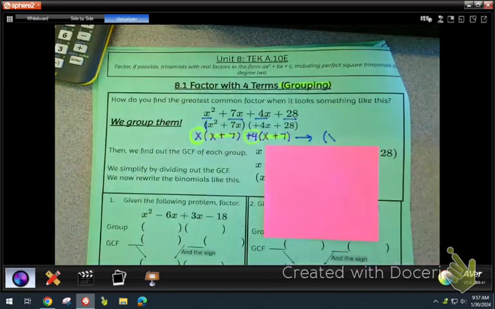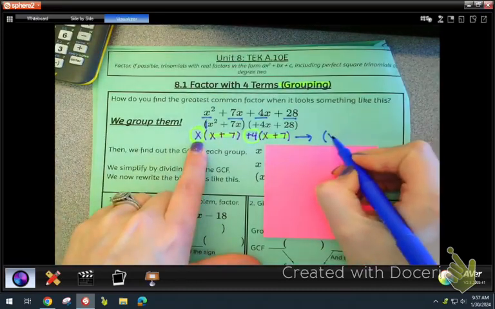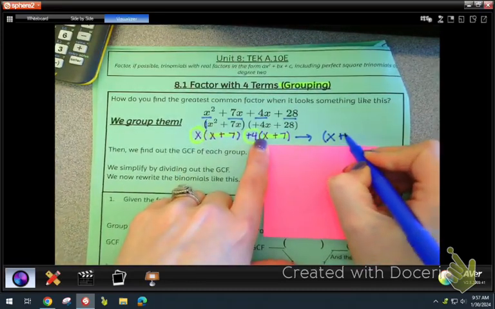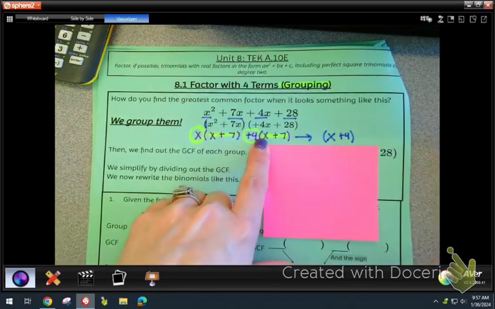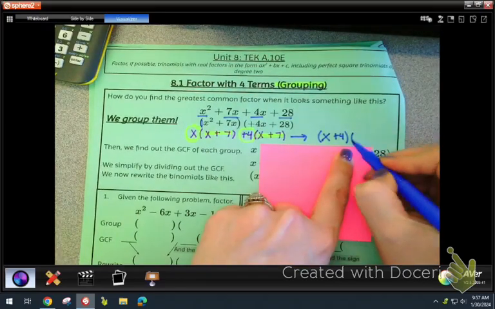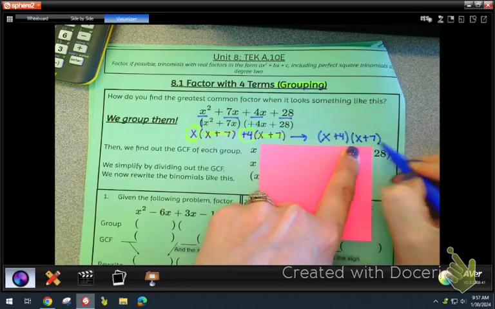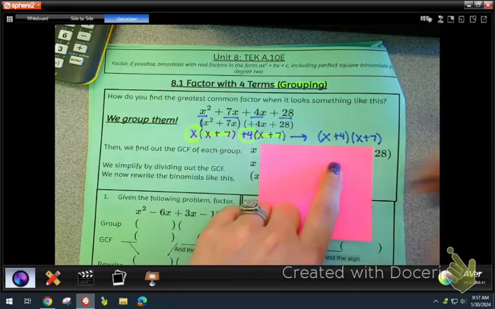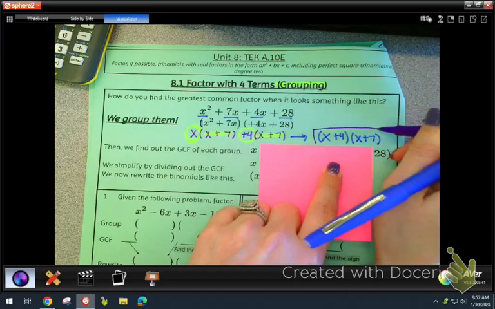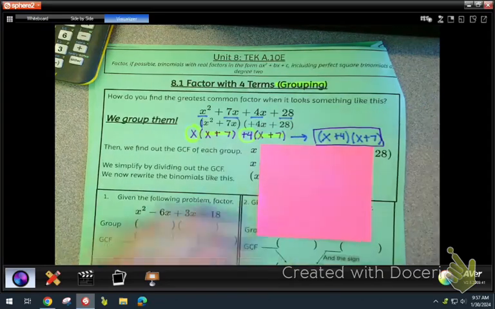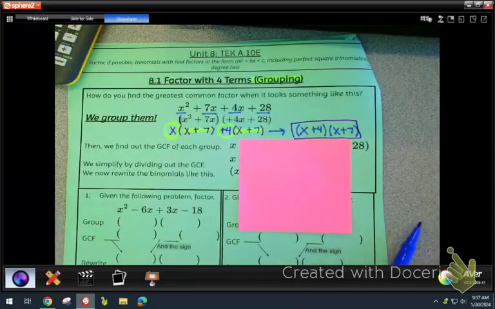I'm going to merge those together. So that would be x plus 4. And then I'm going to write the matching parentheses second, x plus 7. And this is my final answer here. And I'm going to box that. Okay? So what matches, you write it once, the GCFs in front, you merge together.